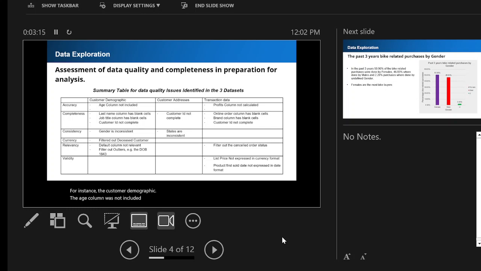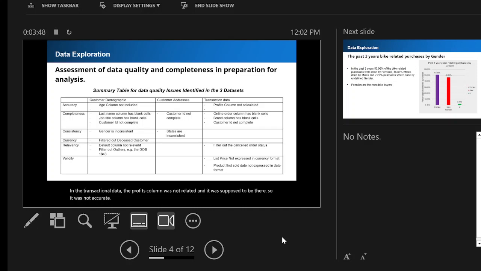So you specify that in the customer demographic data you gave me, there was no age column. On the customer addresses data, it is blank, which means it was complete. In the transactional data, the profits column was not calculated and it was supposed to be there, so it was not accurate.